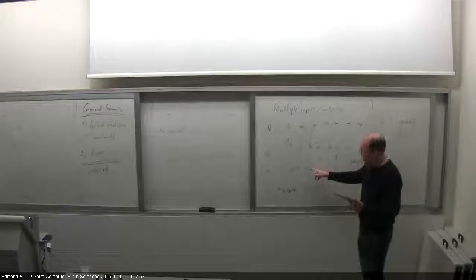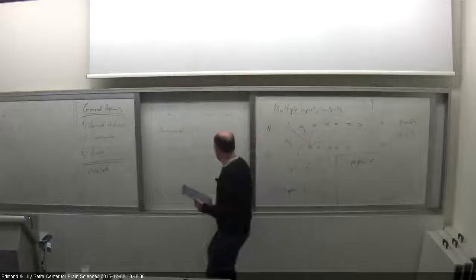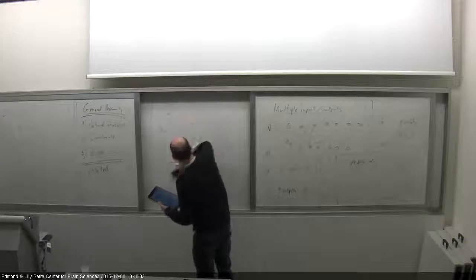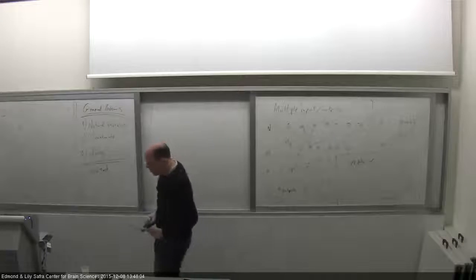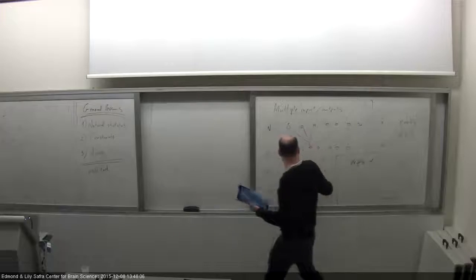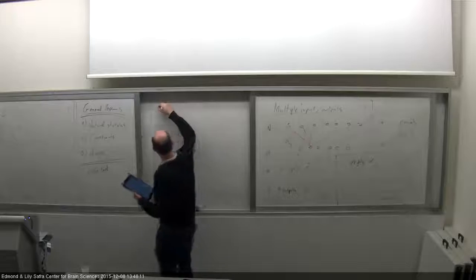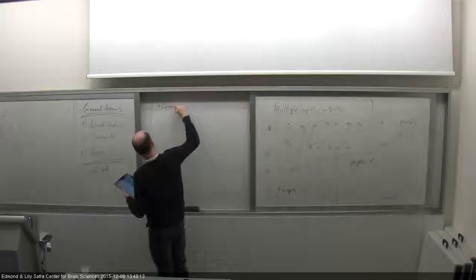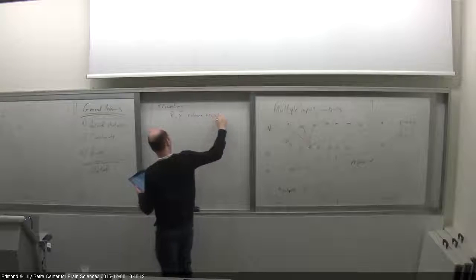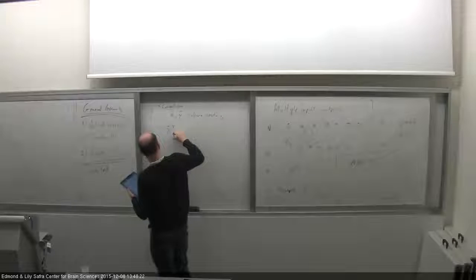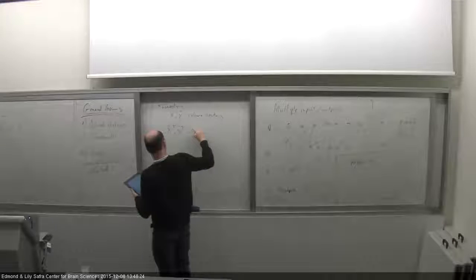And some conventions. Just the convention that I use is that, as you see here, these vectors are going to be column vectors. Their transpose is therefore a row vector.